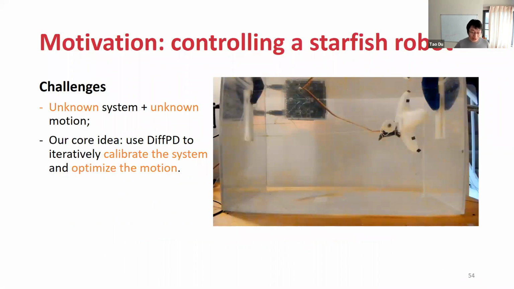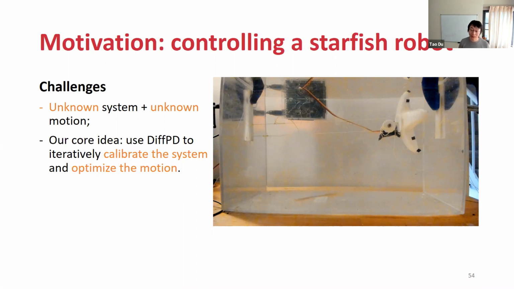The motivation of this work is that we observed that in soft underwater robot research, people are still relying very heavily on human expertise to come up with both the design of the underwater robot as well as a controller.